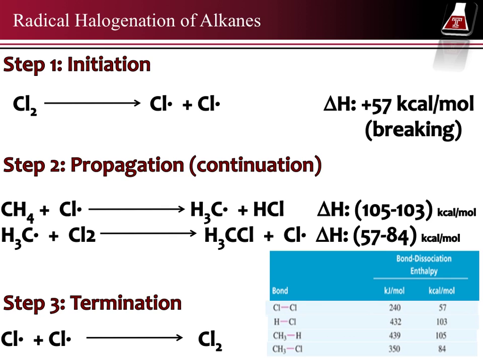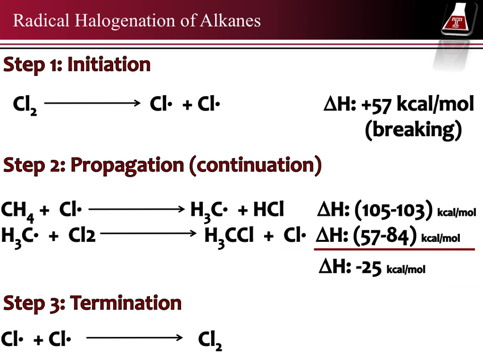So if we look at both propagation steps together, the net effect is that we are getting 25 kilocalories per mole out for every time both of these things happen. All right, so the net effect of these two propagation steps is exothermic. We are getting energy out.